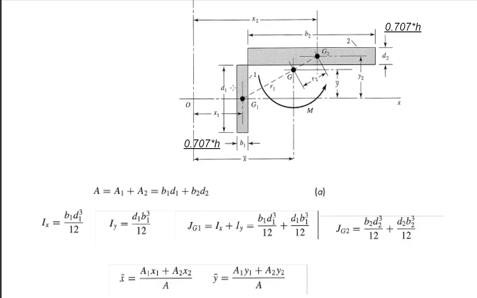But that for each one gives the moment of inertia about their own centroid. Now we have to use the parallel axis theorem to come up with moments of inertia about the actual centroid of the system.